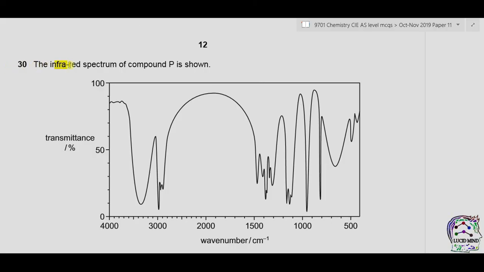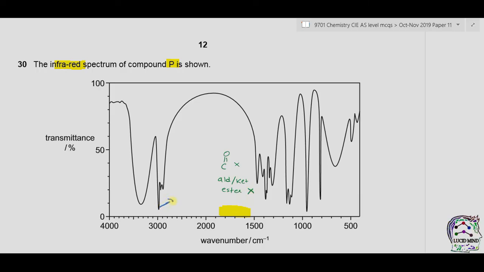Question 30. The infrared spectrum of a compound P is shown. In this compound we can see that there is no peak between 1600 and 1700 per centimeter, so it means that a carbonyl group is absent. So aldehyde, ketones and esters are not possible.